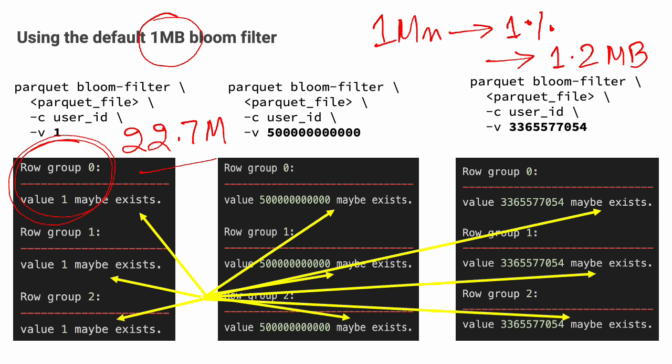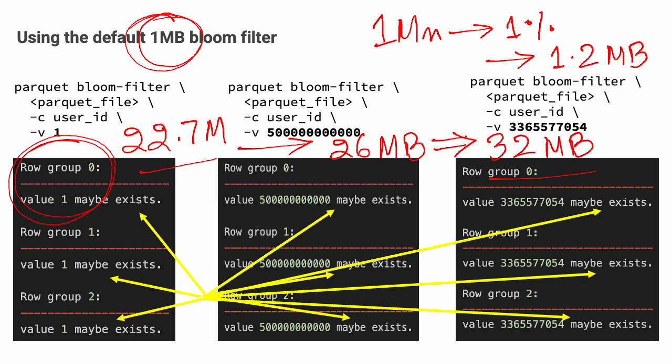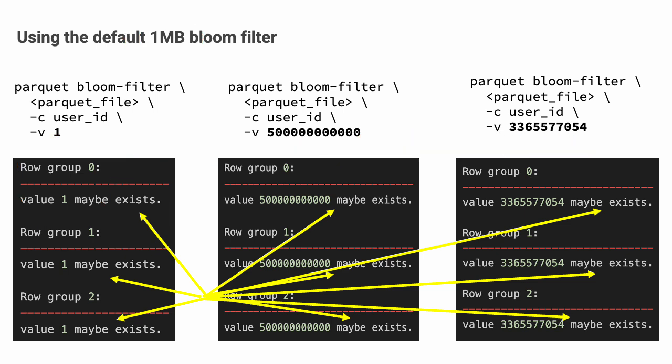In that setup, 1 megabyte of bloom filter is too low, and it will give you a lot of false positives. By doing that calculation, we will need somewhere around 26 or 27 megabytes for the bloom filter. And because the bloom filter size should be a power of 2, the nearest power of 2 is 32 megabytes. So we used 32 megabytes for the bloom filter.